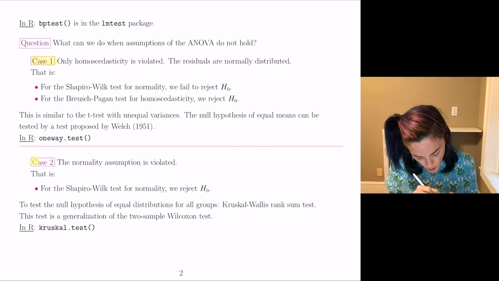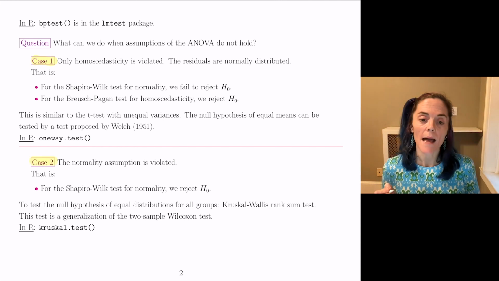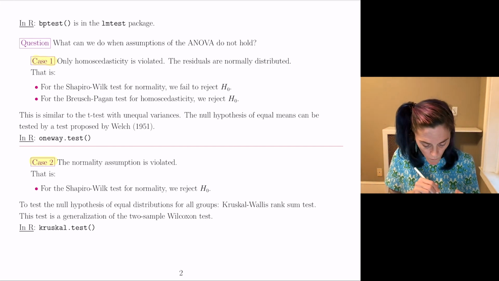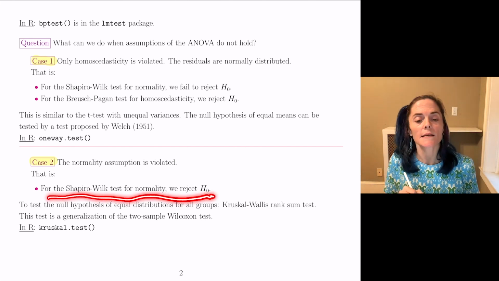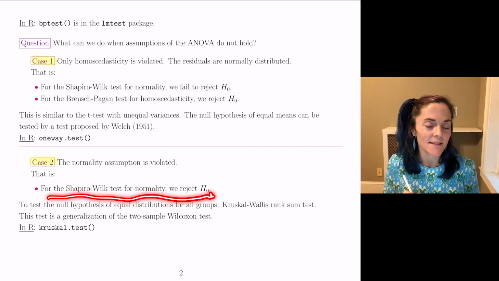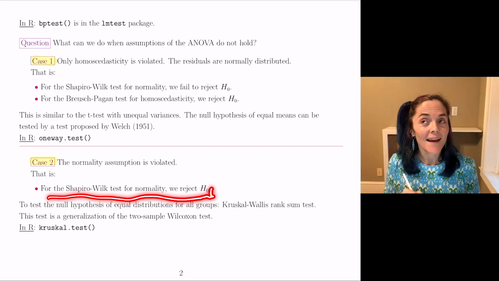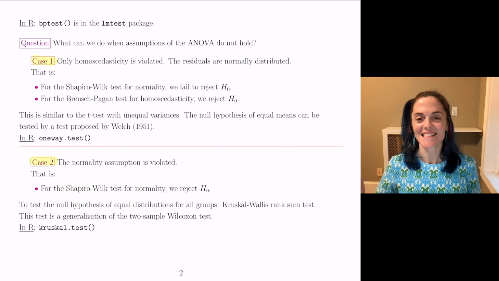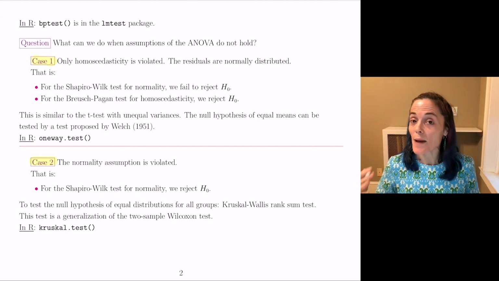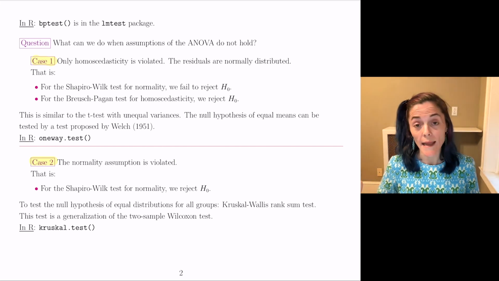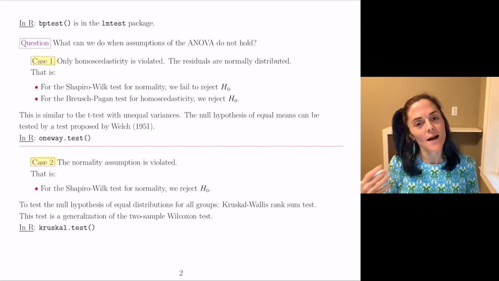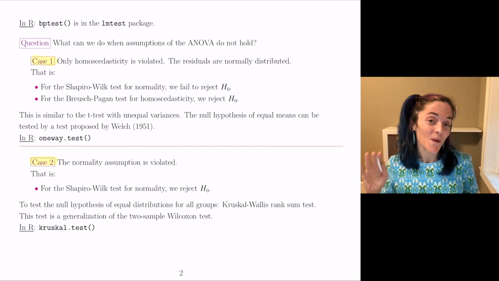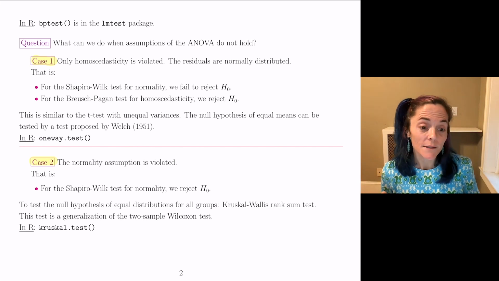Next, for case 2, we have the normality assumption is violated. And what this means is when we run a Shapiro-Wilk test for normality, we will reject H0. Now, we had a module on non-parametric tests, and if we learned anything in that module, it is that when we do not have normality assumptions, which come from the parametric tests, the best choice is to use a non-parametric alternative.